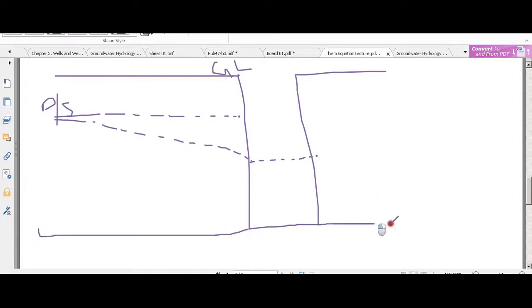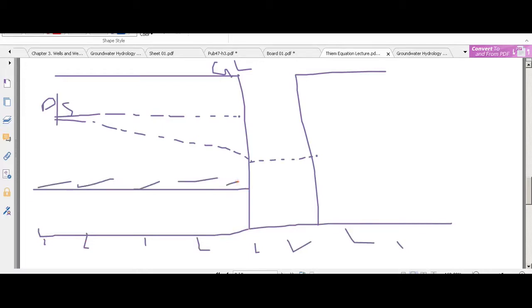Okay, so now what is this height? This height is very special because now this is the maximum height.